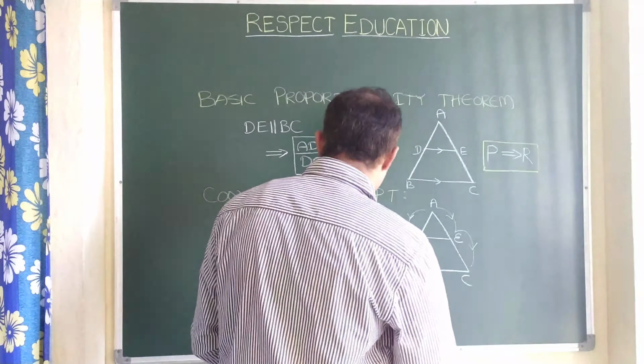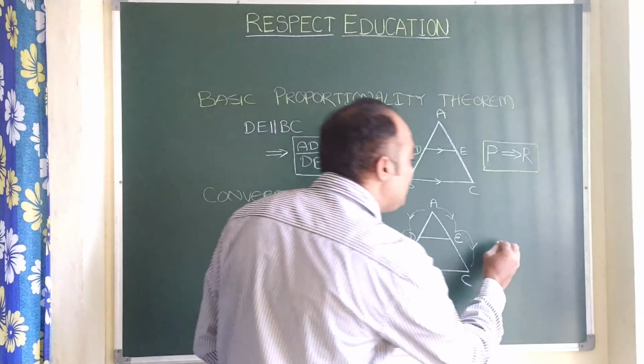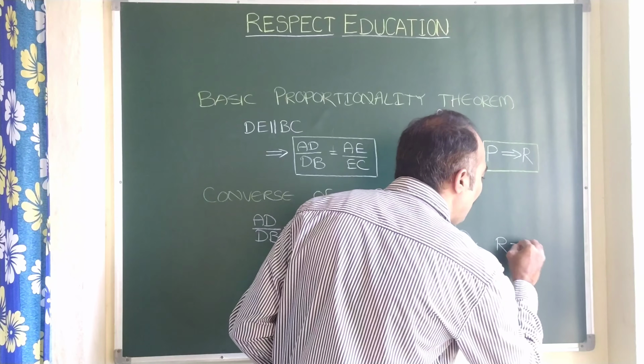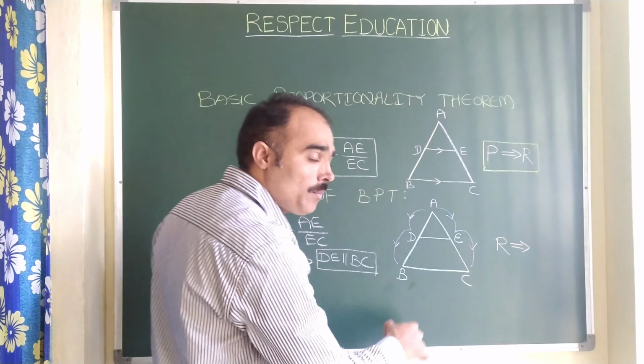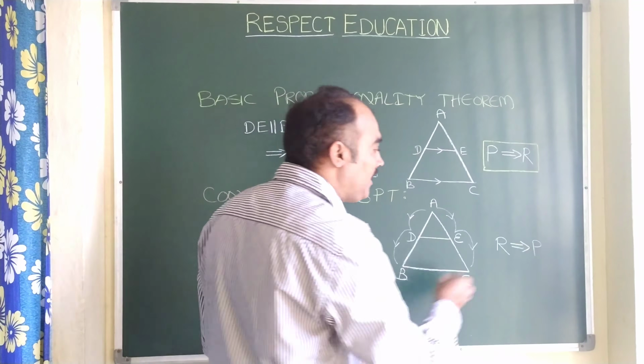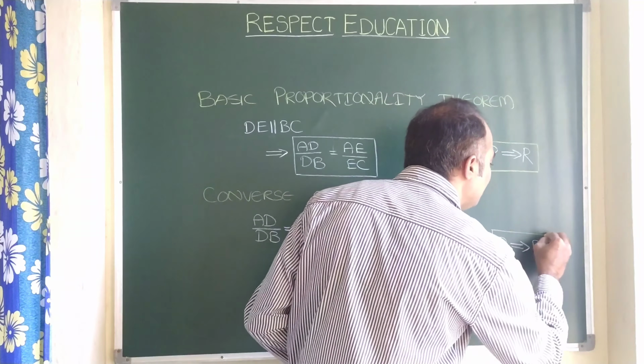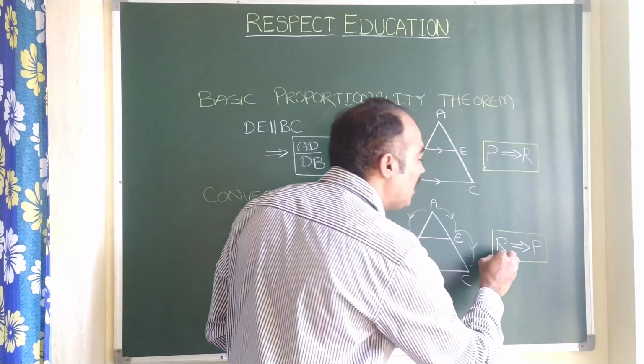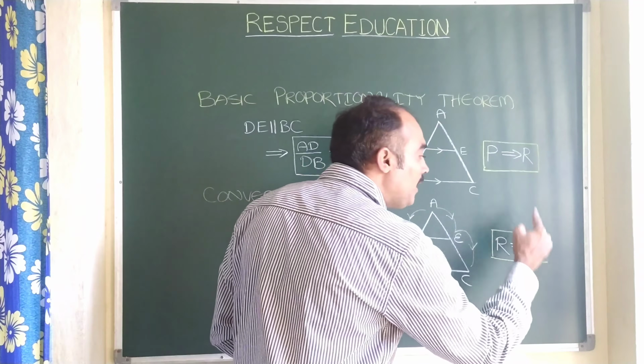So you can understand that first the ratios are to be equal. If R happens, then the lines are parallel. If R happens, then P will happen. So R implies P, R for ratios, P for parallel.